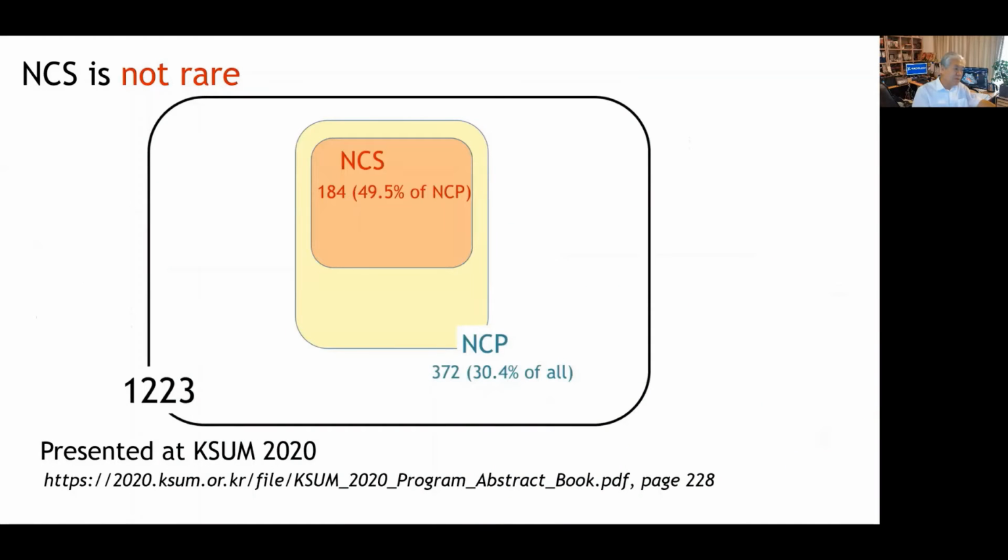I reported my experience regarding the prevalence of nutcracker phenomenon and nutcracker syndrome in the 2020 Annual Congress of the Korean Society of Ultrasound in Medicine. Among the 1,223 patients examined with Doppler ultrasound in my clinic for 1 year, 372 patients, which is approximately 30%, were found to have nutcracker phenomenon.